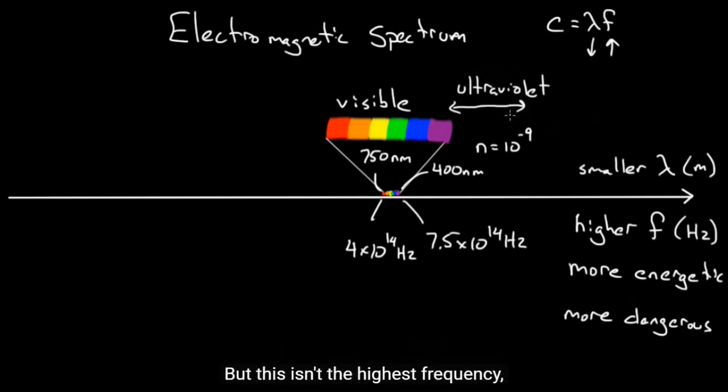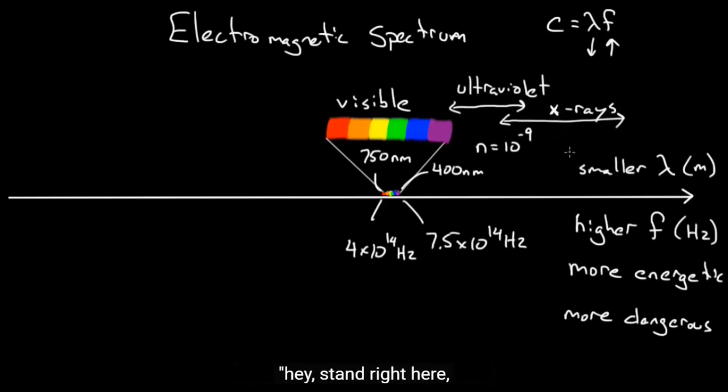But this isn't the highest frequency. You can have much higher frequencies. You can have X-rays. X-rays are even higher frequency, even more dangerous, which is why X-ray technicians say, hey, stand right here, I'm going to get your X-ray while I hide behind this wall, because if they had to take that X-ray every single day, it would really be bad for them. But this isn't even the highest. You've got things called gamma rays.